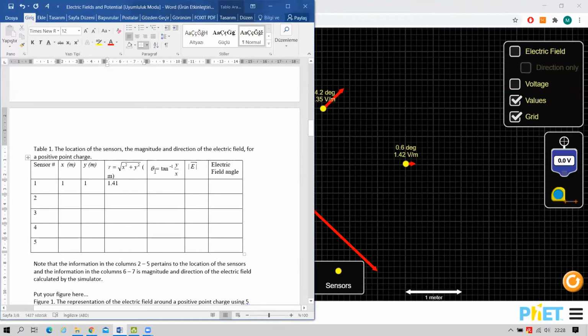So next, you see the angle column. The angle column is just the arctangent of y divided by x. With y1 and x1, arctangent of 1 is nothing but 45 degrees.